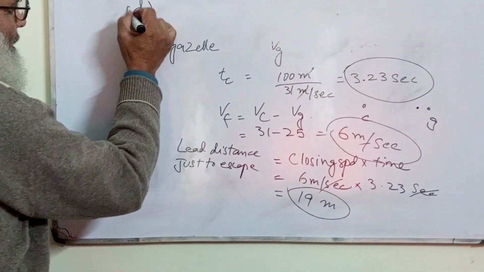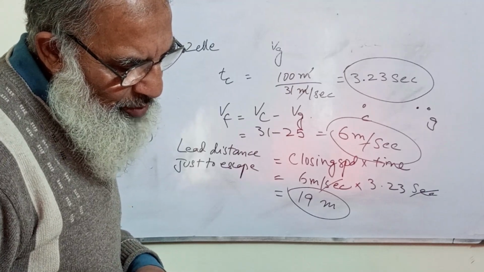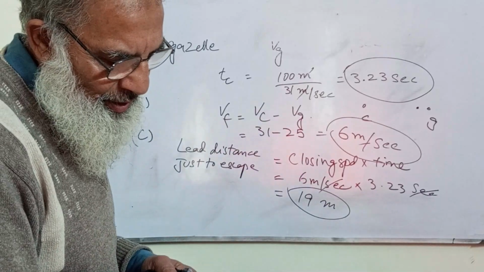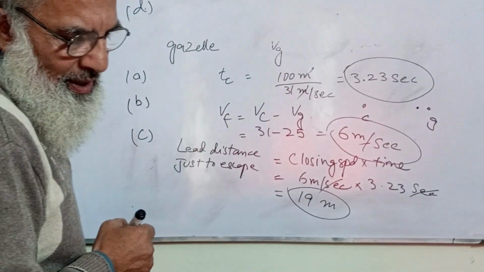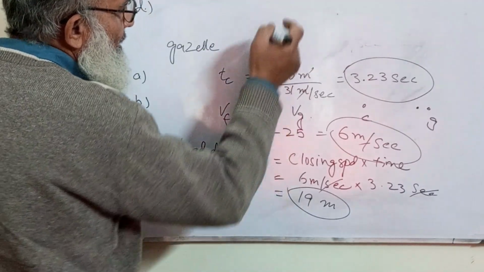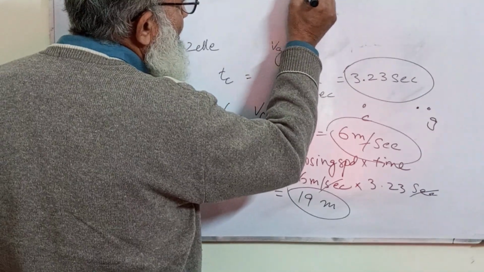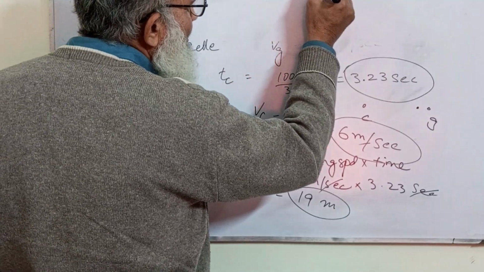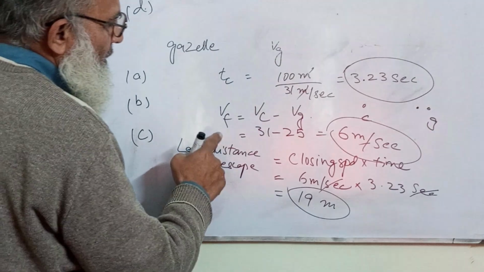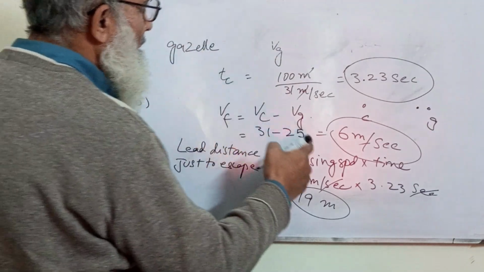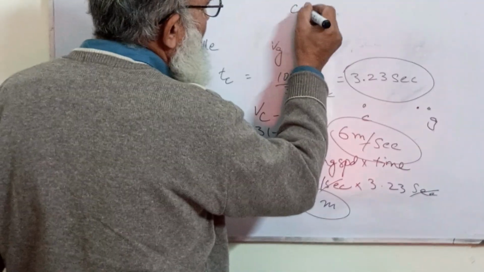Now in D we have to find how long it would take the cheetah to catch the gazelle with the closing speed you calculated in B. We have to find T, time, which is the distance apart, the lead distance, divided by the closing speed.